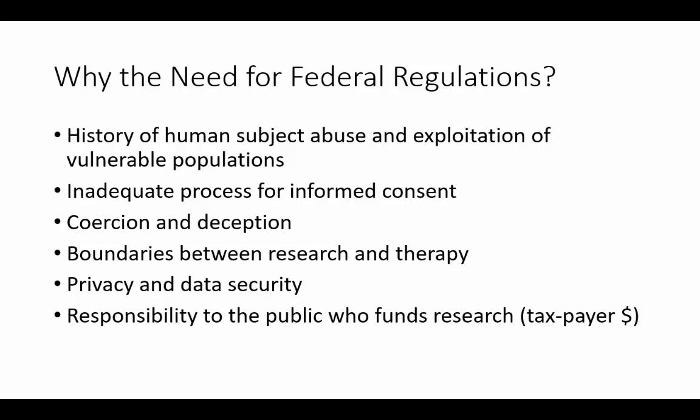Privacy and data security is extremely important. We also need to examine the responsibility to the public who funds our research and know that we are accountable for our actions. All in all, ethics are extremely important and something that you should look at as you're examining research in the future and throughout this class.